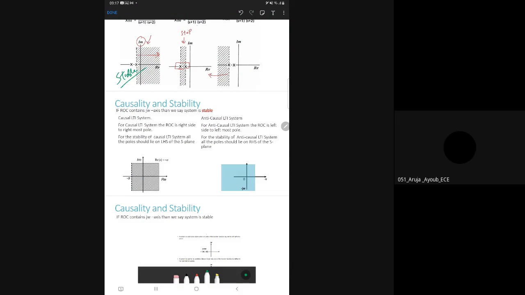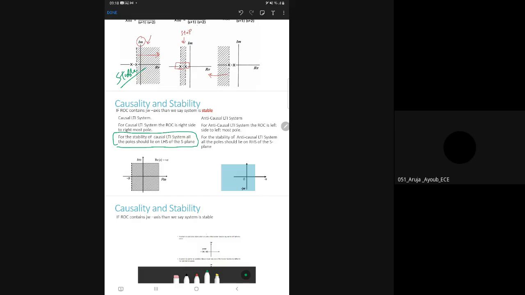That will be your causal linear time invariant system. And for stability of causal linear time invariant systems, all the poles should lie on the left half of the S-plane. We generally say the poles should always lie on the left half of the S-plane. If they are on the right hand side of the S-plane, then the system is not stable. ठीक है, इसमें हम आगे I'll give you more explanation with examples, but I'm just mentioning it.